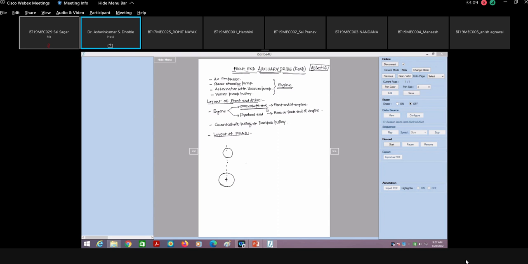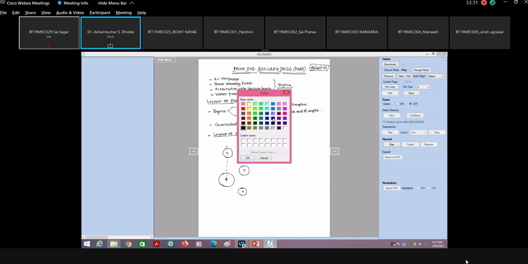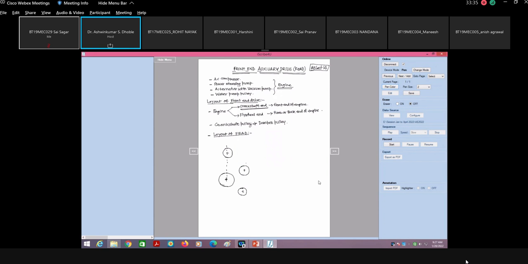Here you have the compressor pulley, and here you have the power steering. How the layout is done, I will draw in blue color for the water pump. So the drive is taken from the crankshaft.